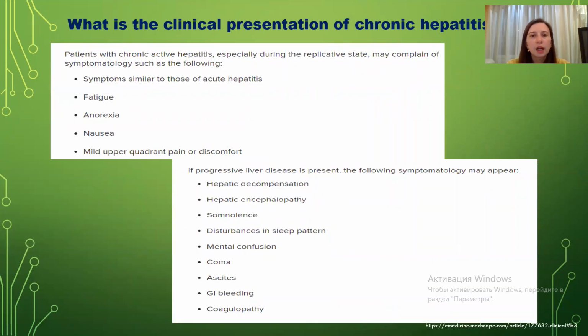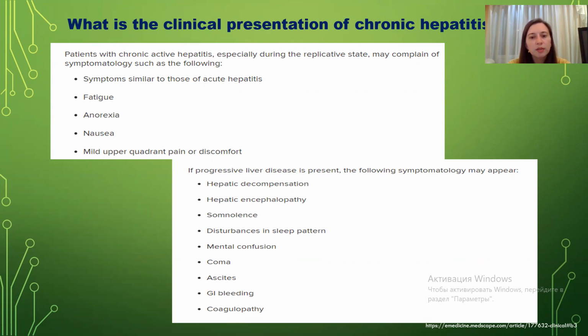What is the clinical presentation of chronic hepatitis B? A patient with chronic active hepatitis, especially during the replicative state, may complain of symptoms similar to those of acute hepatitis: fatigue, anorexia, nausea, mild upper quadrant pain or discomfort.